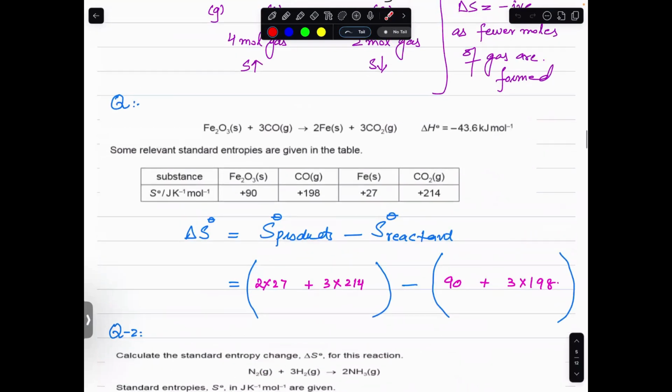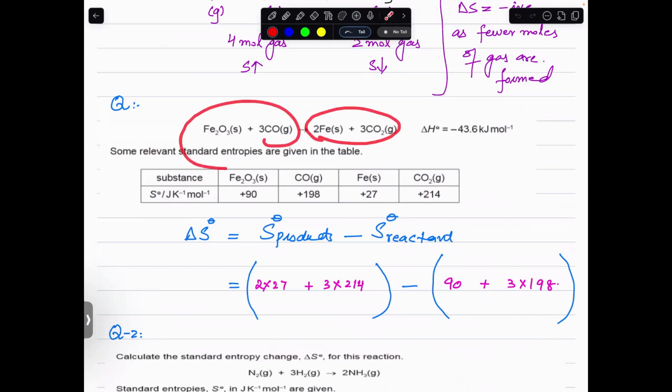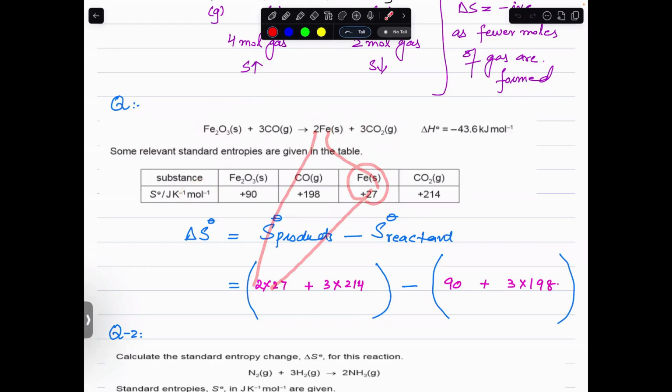Now see, this is a reaction. Look, these are entropy values. Product minus reactant. Now, the unit is what? Per mole. But is there 1 mole of Fe used in this equation? This 27 is for 1 Fe. So there are 2, so 2 times.